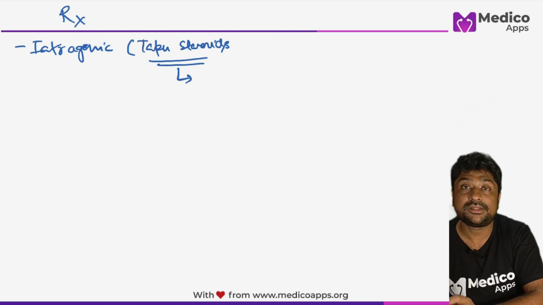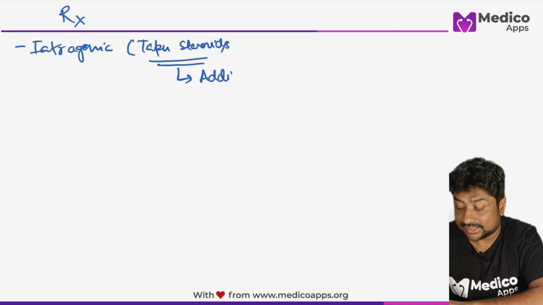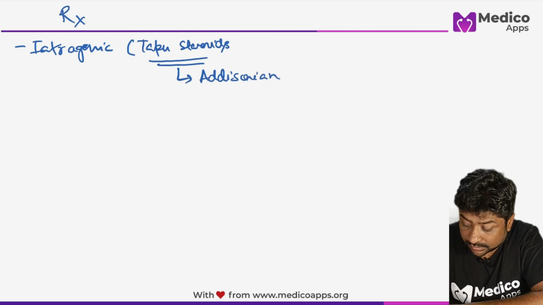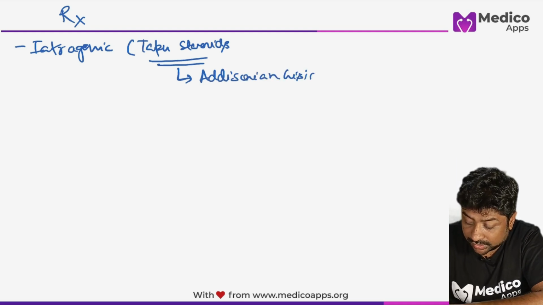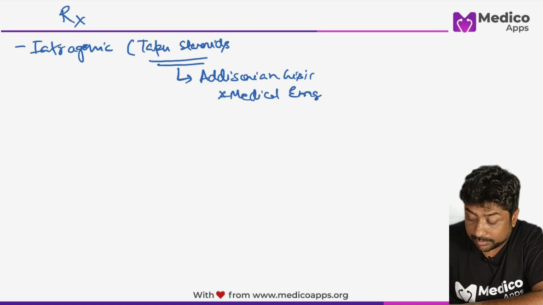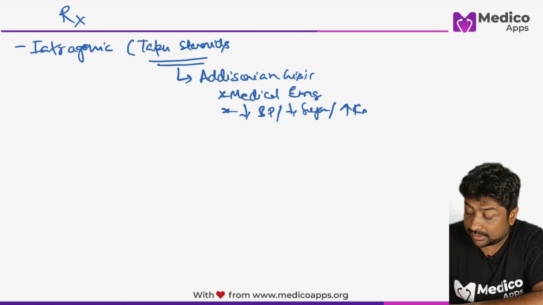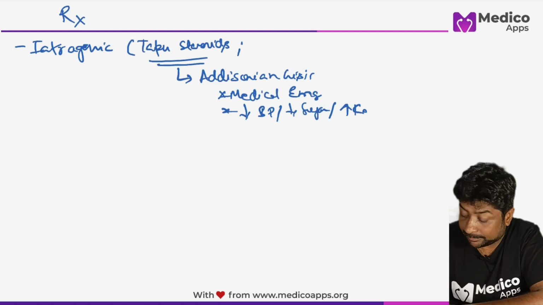If we suddenly stop it, the adrenal gland may not be able to immediately produce that amount of steroid, and this will lead to something called Addisonian crisis, which is an acute medical emergency. Here you will have decreased blood pressure, decreased sugar levels, and increased potassium levels, and all these are very, very life threatening.